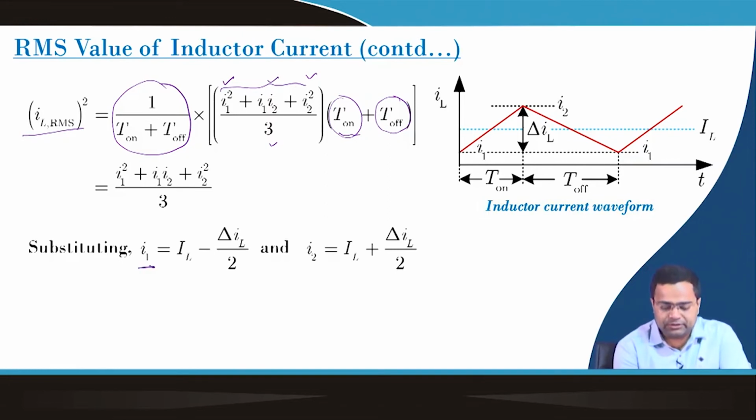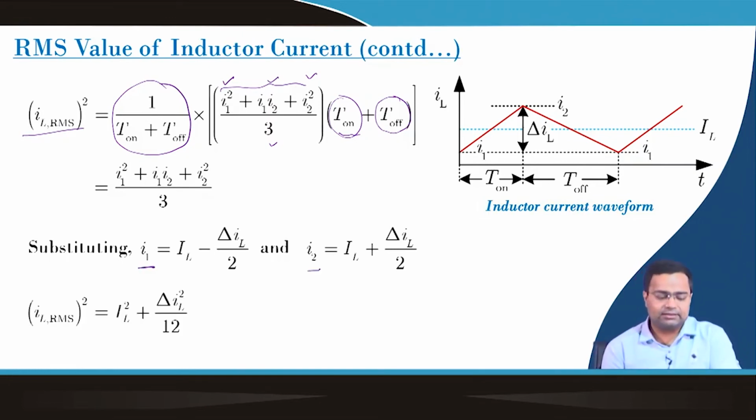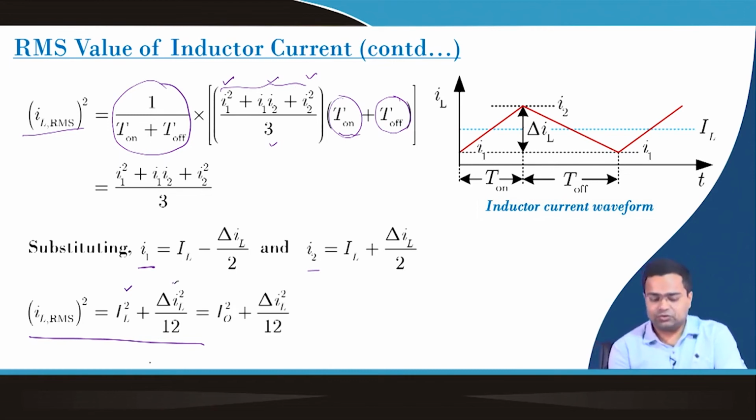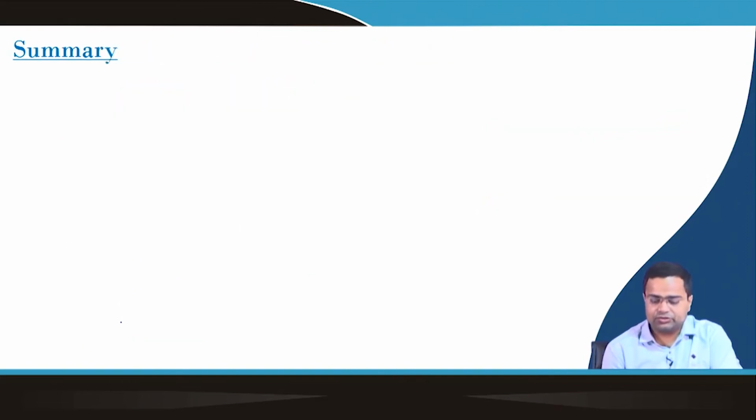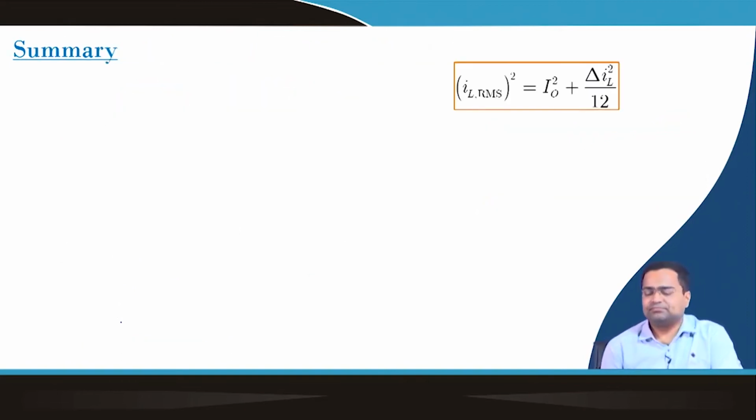If you substitute the peak and valley current in terms of their average current and the ripple current, then you will get IL RMS square is IL average inductor current square plus the ripple current square by 12. So, in a buck converter, the average inductor current is the same as the average load current. So, we can summarize that RMS current for a buck converter is the load current square plus the ripple current square by 12.